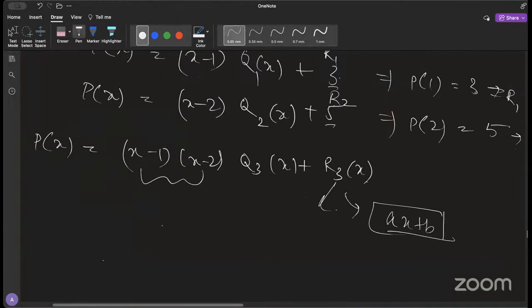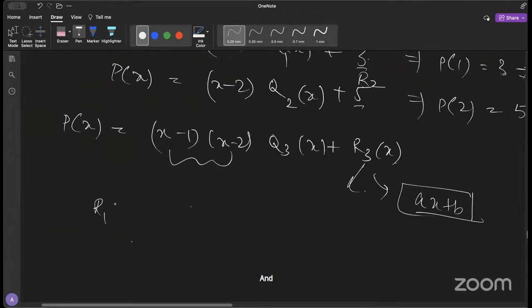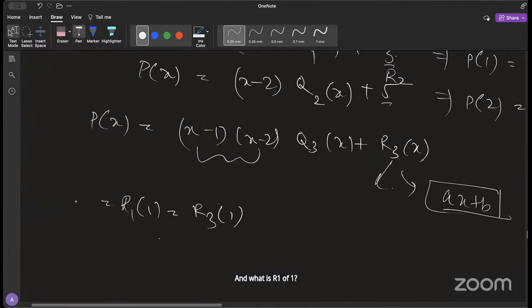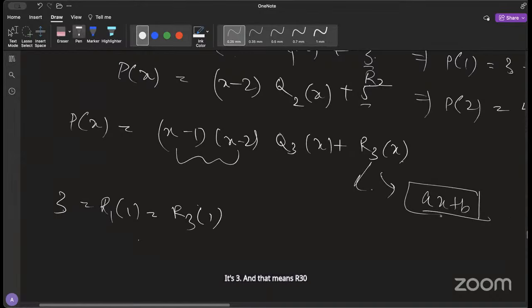So this looks like Ax plus B. And we already know that R1 of 1 is the same as R3 of 1, right? And what is R1 of 1? It's 3. That means R3 of 1 is 3, so if I put 1 here, I'll get A plus B equals 3.